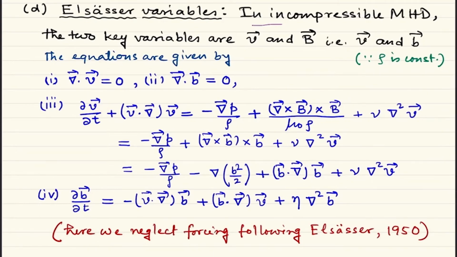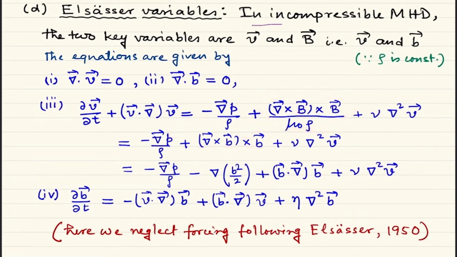However, here we just omit that and we write the right hand side as the pressure gradient force, the Lorentz force, and the viscous force, which is nu times Laplacian V, or nabla square V. Okay. Now this term can be written as curl of small b cross small b, because when every capital B is divided by root over mu 0 rho, it gives one small b.